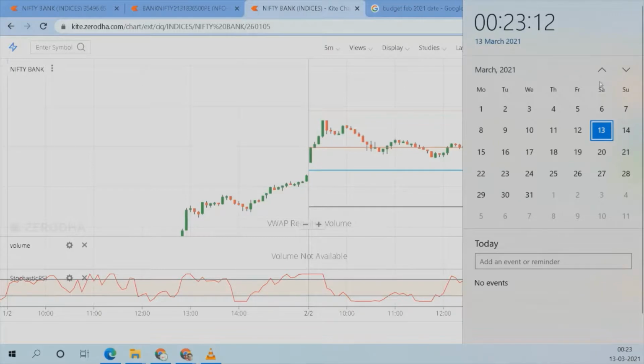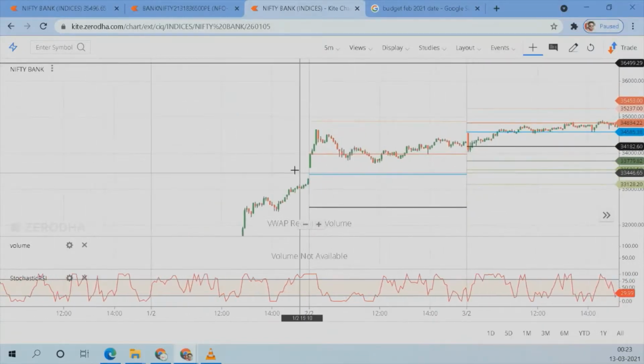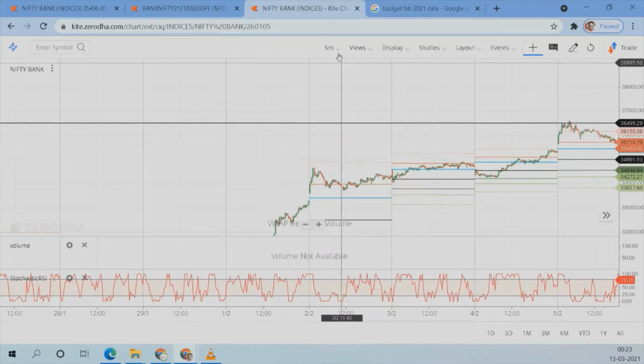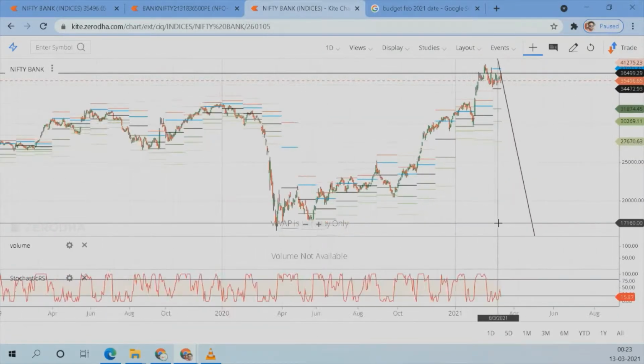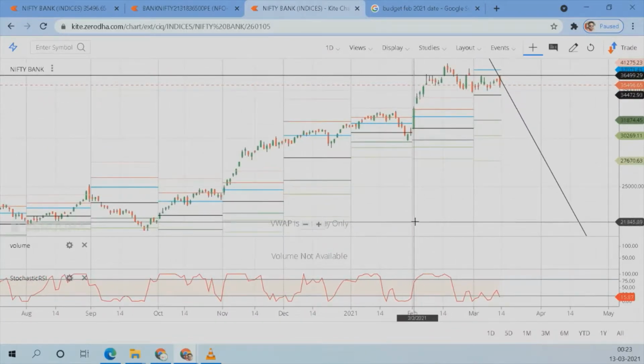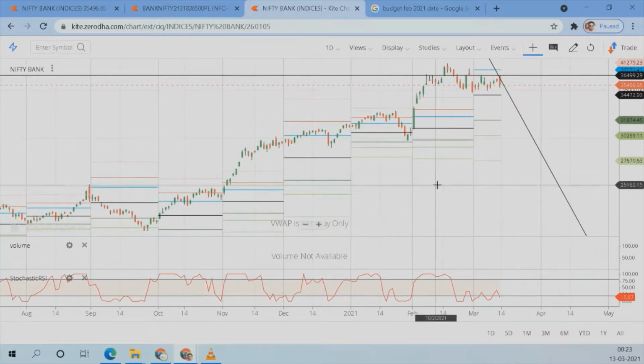It's always advisable to take a monthly expiry. So if you have taken the 25th February expiry, let me just convert this to a daily chart. Yeah, 2nd February here.